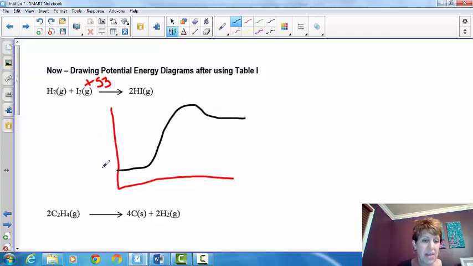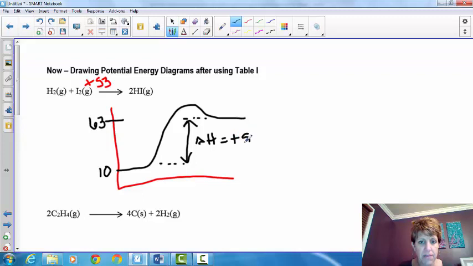So to make my numbers easy, I'm going to say this is a 10, and I want the heat of the reaction, which means the difference between where I start and where I end, to be 53. So this number needs to be 63. So my delta H equals positive 53.